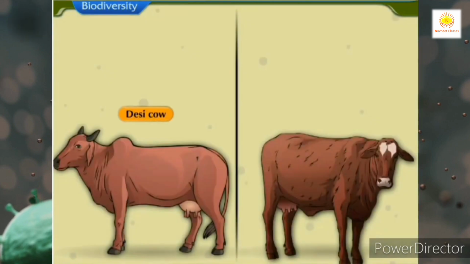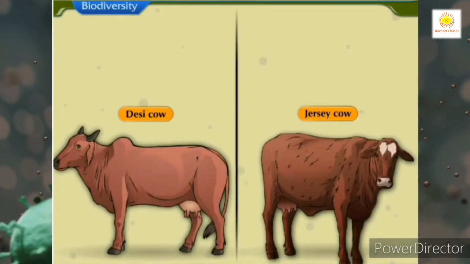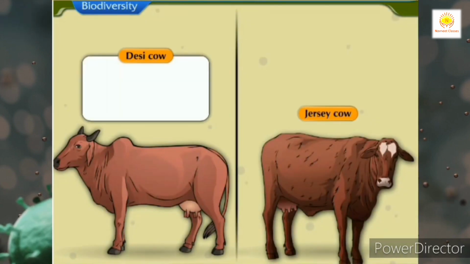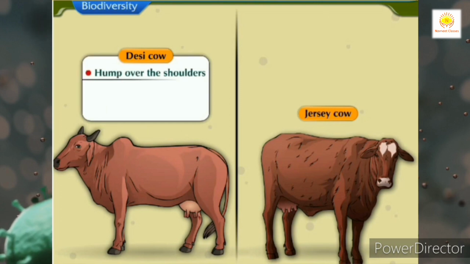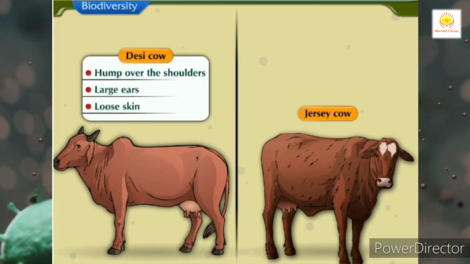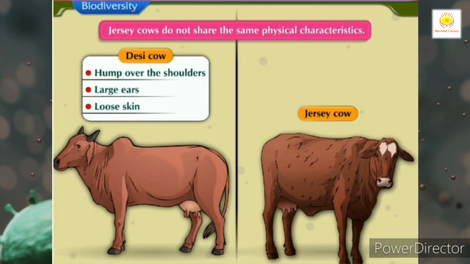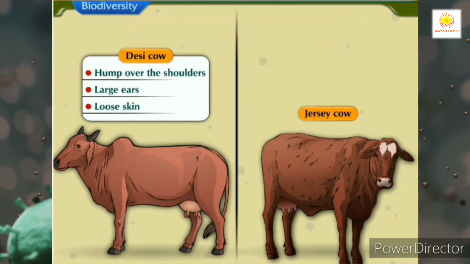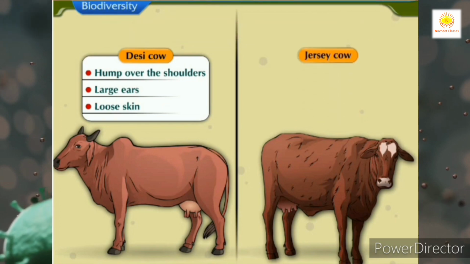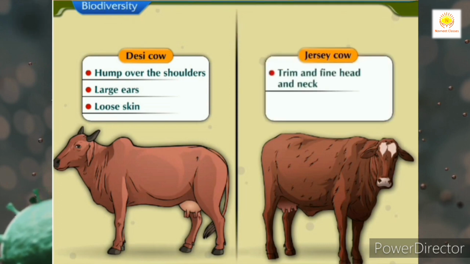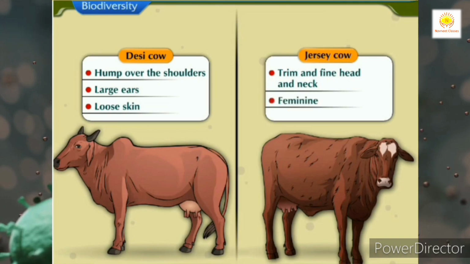If we compare Desi cows and Jersey cows, we can find that the Desi cows have a hump over the shoulders, large ears, and loose skin. But the Jersey cows do not share the same physical characteristics. Jersey cows are very refined, with a trim and fine head and neck, making them look very feminine.